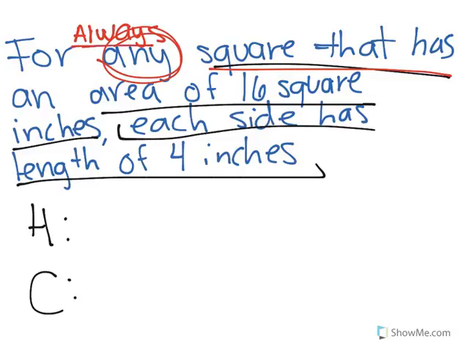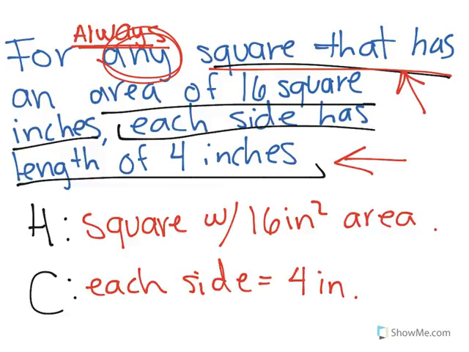So since we have "always", or in this case "any", we can be sure that the first statement will be our hypothesis, since every time the first statement is true, we are guaranteed that the second statement is true as well. So this is our hypothesis and this is our conclusion.